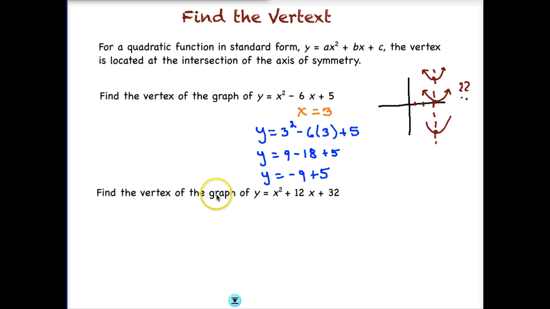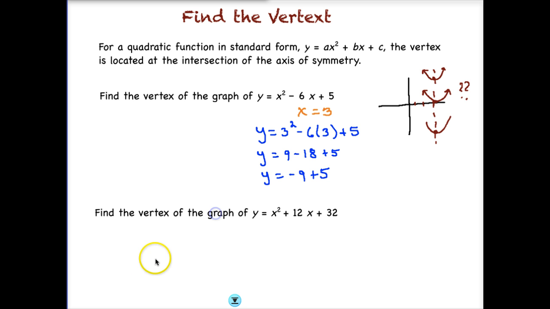So for our final answer, we have y is equal to -9 plus 5, and -9 plus 5 gives us -4. So now we actually know what the vertex is for this quadratic function in standard form. In fact, it is down here. It's at 3, -4. So that's our vertex for this first one.